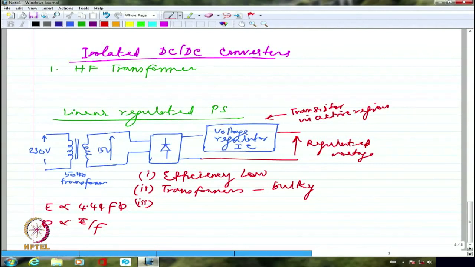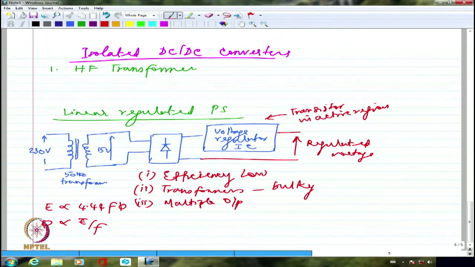So here I would be able to obtain multiple outputs stiffly regulated. I can regulate them very stiffly. That's not a problem, because the DC-DC converter that I use in this particular case, I will be able to turn on and turn off.